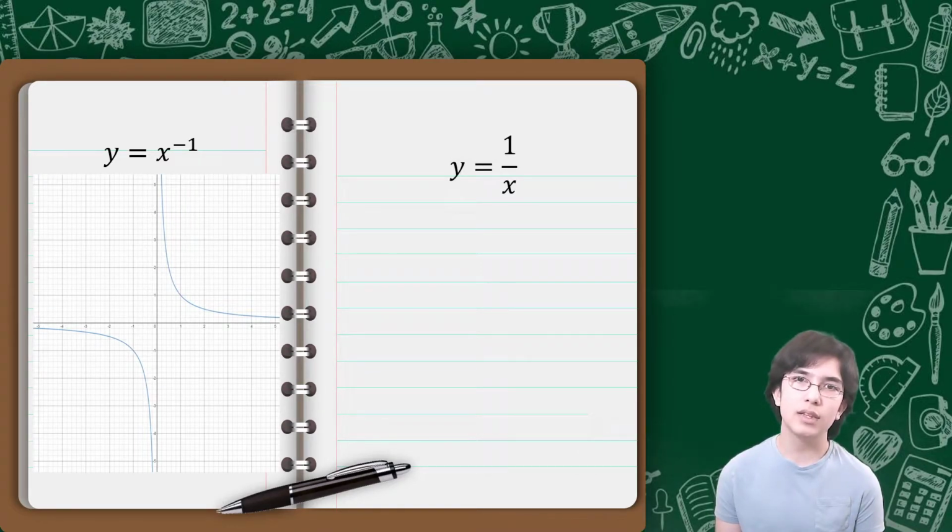Why? Because y equals 1 over x. So let's take the line y equals 0.